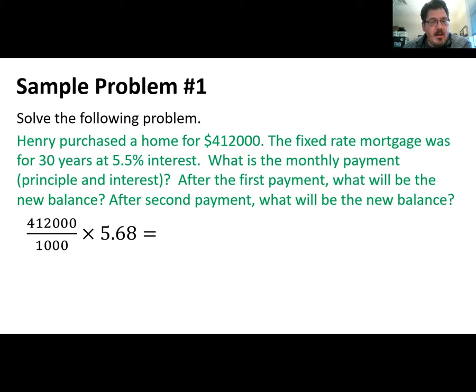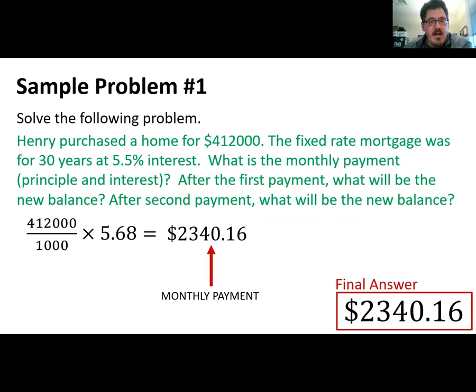I'm not going to pull the table up right here, but trust me that for this situation, based on 30 years and 5.5% interest, the table factor would be 5.68. We multiply by that value and we end up with a monthly payment of $2,340.16.